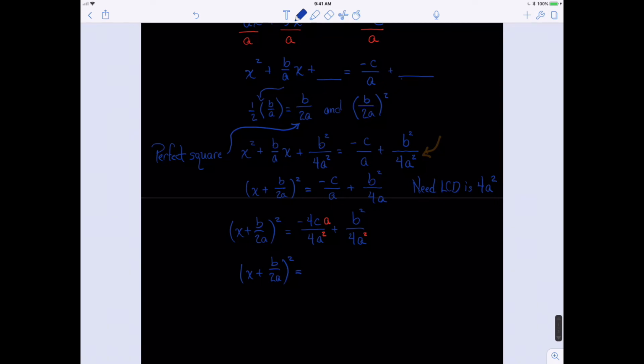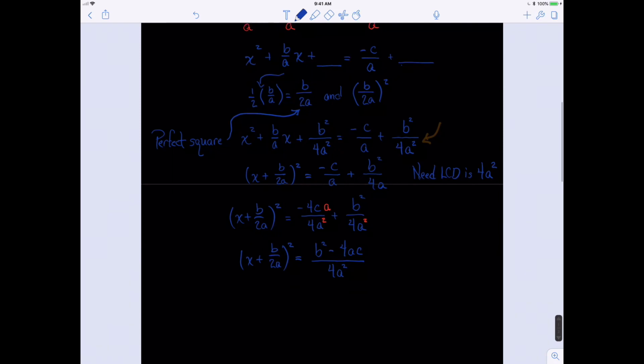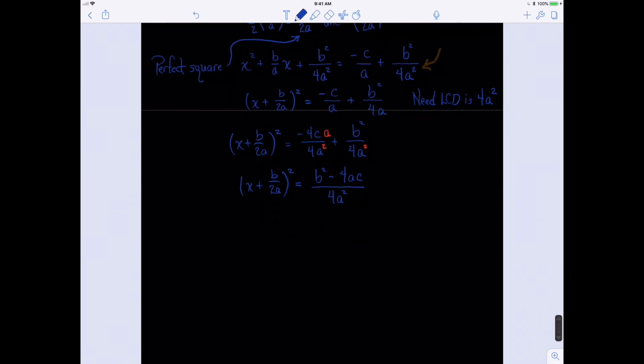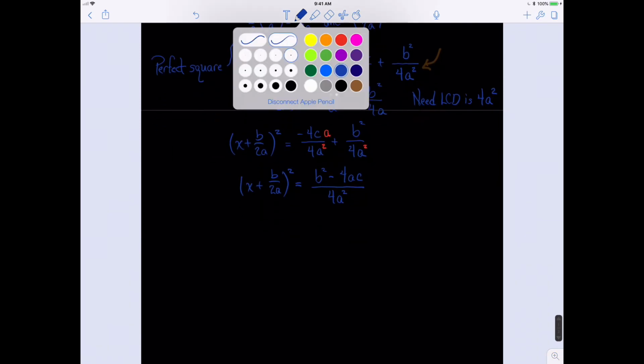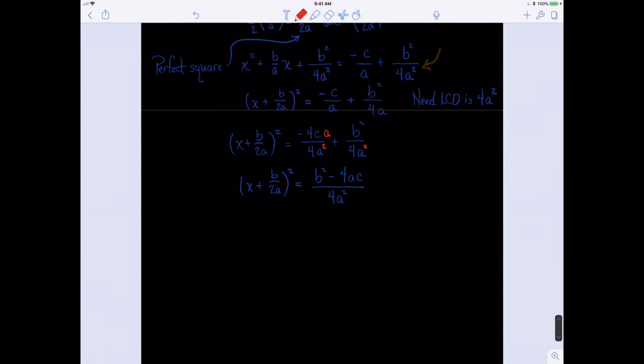So let's get back. On the right-hand side, I'm going to write the positive part first. We'll write it as b squared minus 4ac, putting it in alphabetical order since in multiplication the order does not matter, and then divided by 4a squared. There we go. Now we can take the square root of both sides. A lot of times you may very simply just add a step by taking the square root like this.